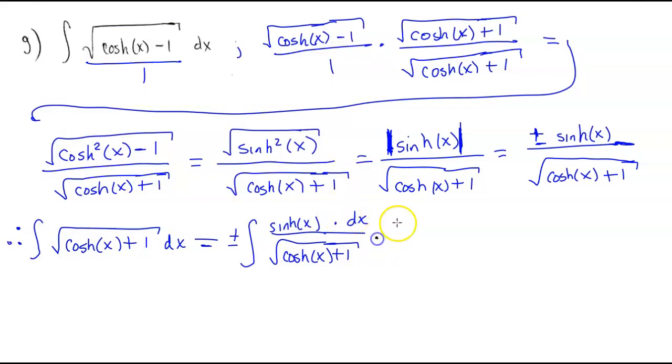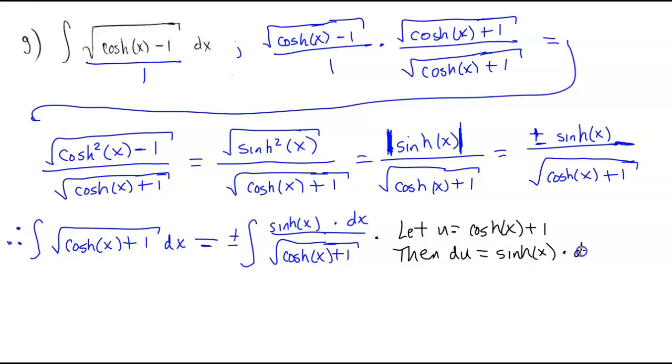So we're going to say here, let u equal cosh of x plus 1. And so if we do that, then that means that du is going to be sinh of x dx.